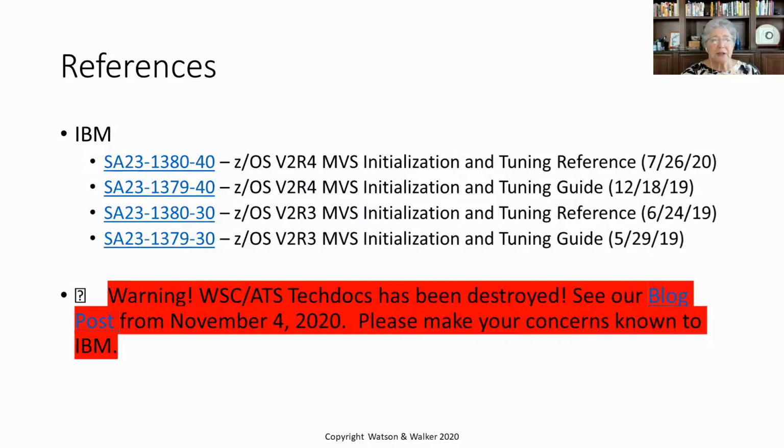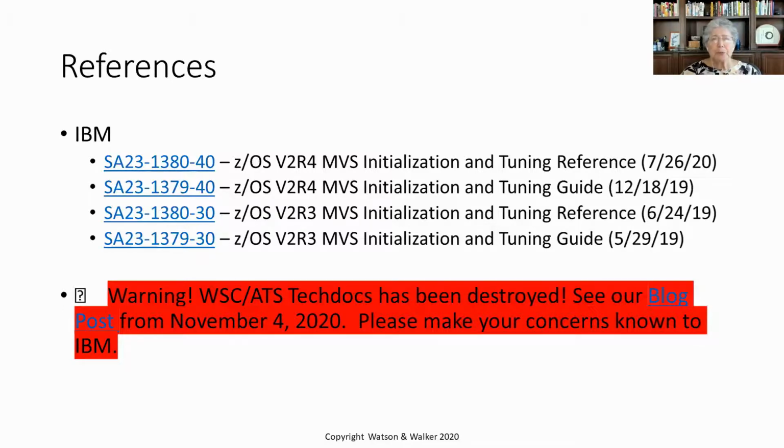You're going to read the red before you're going to read the top, so let me start at the bottom. The tech docs at Washington Systems Center and ATS used to be one of our favorite locations for documentation. And one of the reasons is that things didn't have to necessarily go through all the lawyers to get stored there.